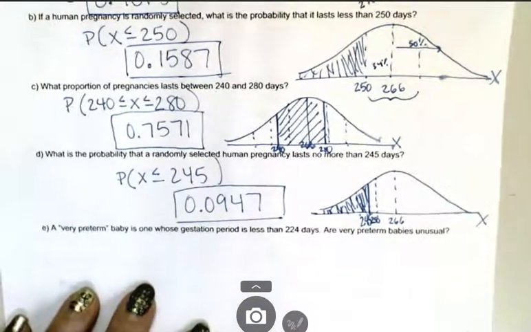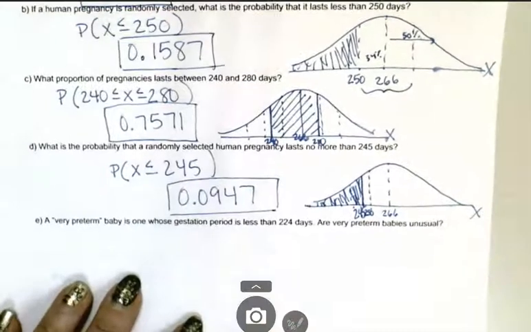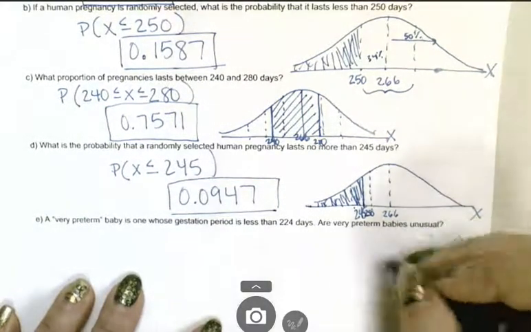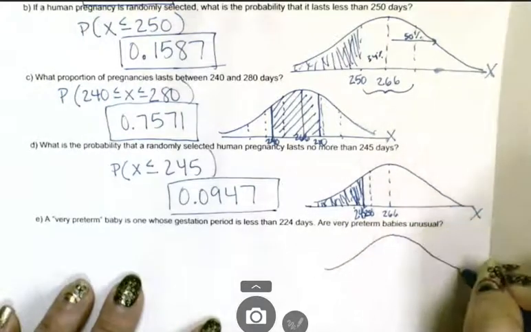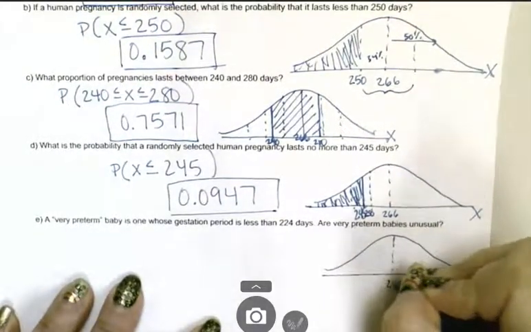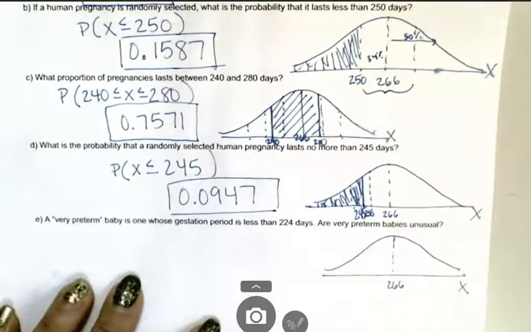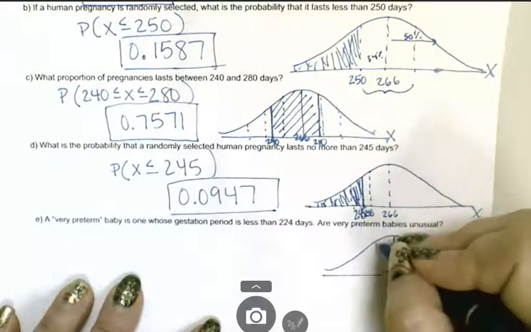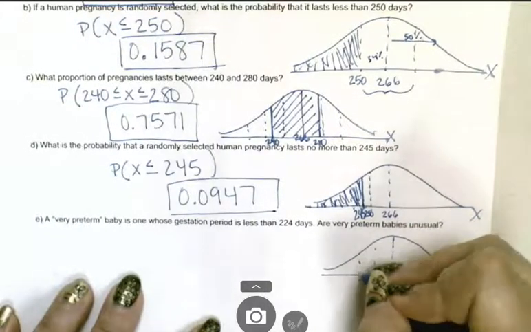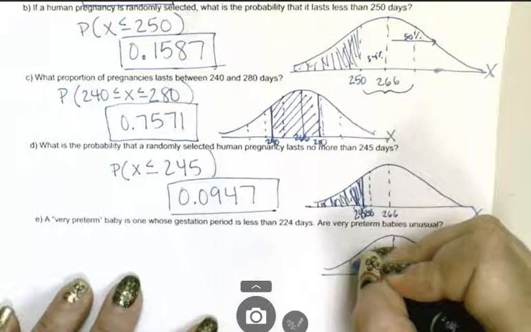Last one, a very preterm baby is one whose gestation period is less than 224 days. Are very preterm babies unusual? So with our mean of 266, 224 is going to be below 2 standard deviations.